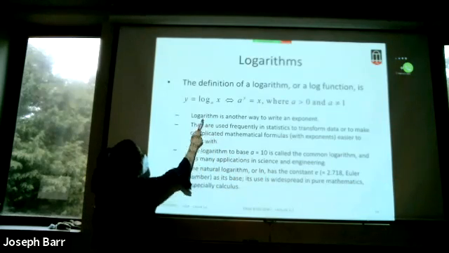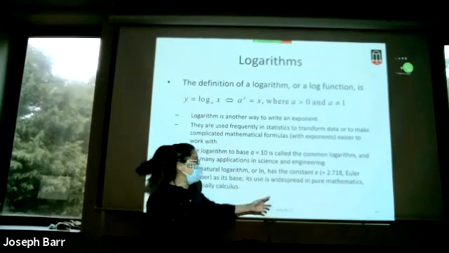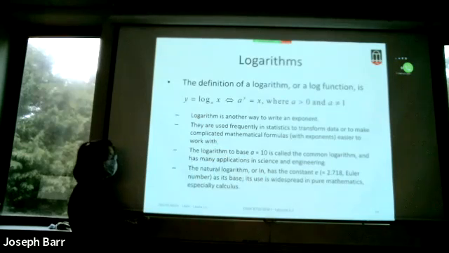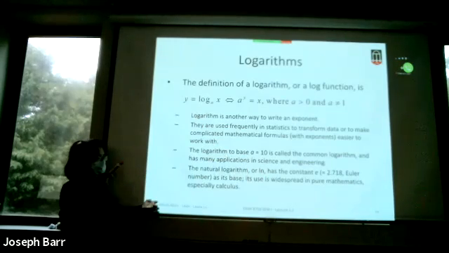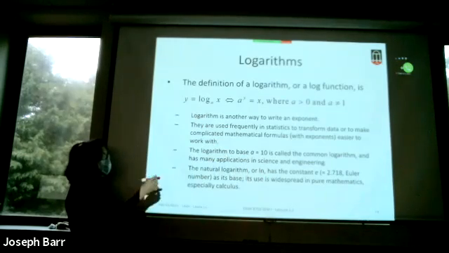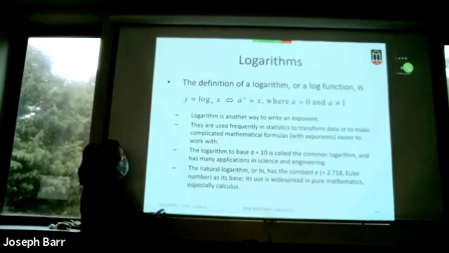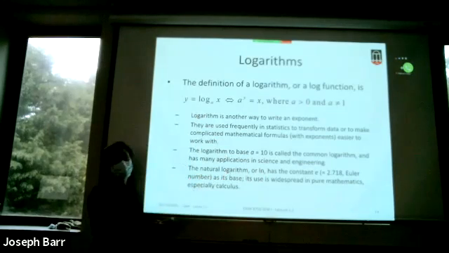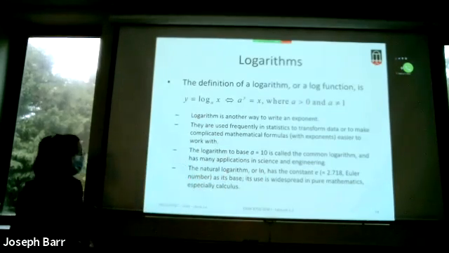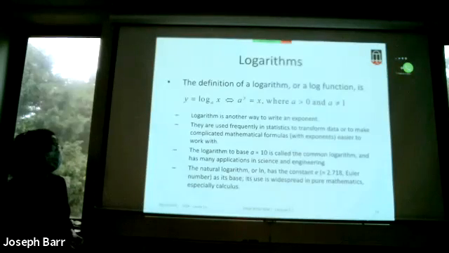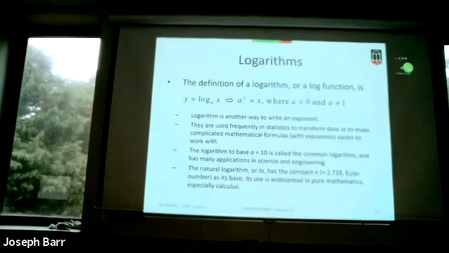You can also change the base a to another constant, for example Euler's constant, which is roughly 2.718. If we take that e as our base, then it's called the natural logarithm function. It's used in math, in calculus, and in many areas of science.